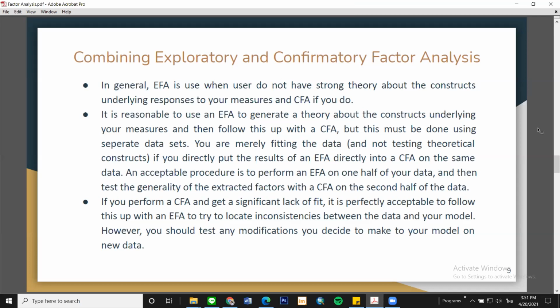If you perform CFA and get significant lack of fit, it's perfectly acceptable to follow this up with EFA to try to locate inconsistency between the data and your model.